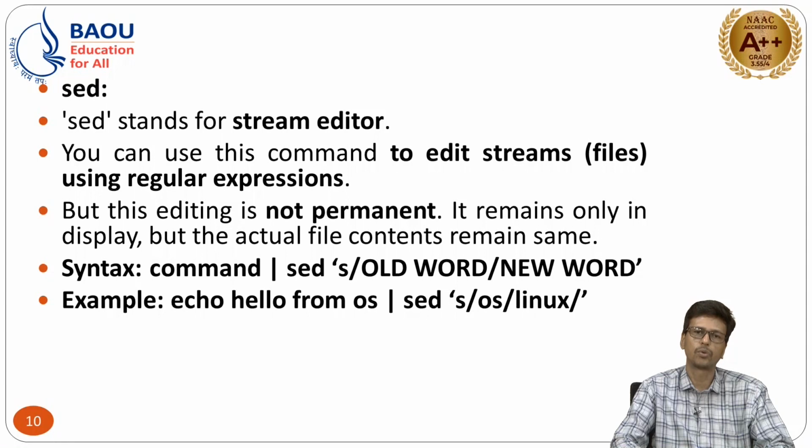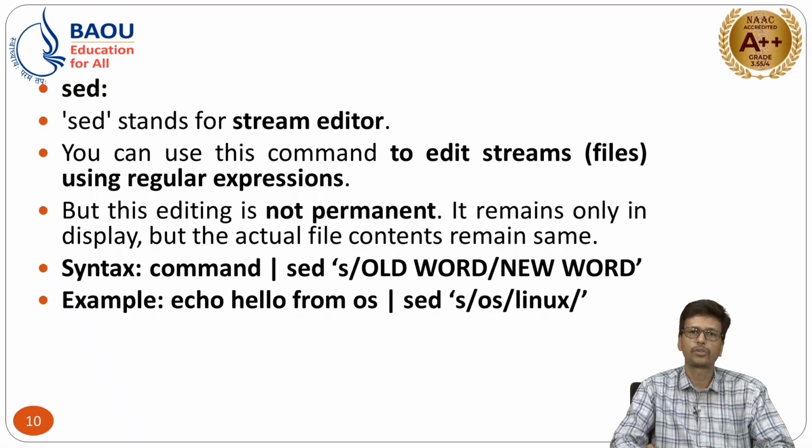So OS is your old string that you apply after the slash, and then the new string that you apply after the next slash. So here after the slash I am applying Linux. Whenever this command is executed, what will be the output? It will change hello from OS to hello from Linux, right?